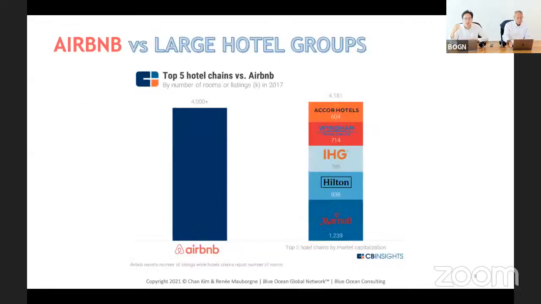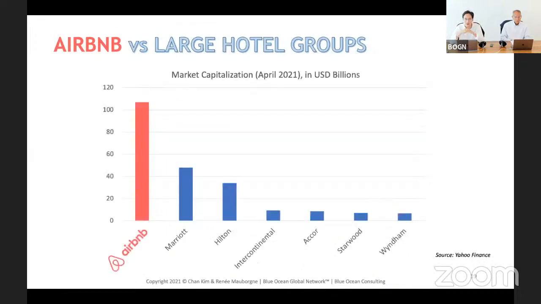You can see Airbnb in 2007 had almost as many, in fact, it's probably more now, almost as many rooms as the top 5 hotel chains in the world, including Marriott, Hilton, Wyndham, and all these hotel groups. So it's grown tremendously in terms of revenue as well and profits, and also the valuation of the company. You can see Airbnb surpasses the top traditional hotel chain, which is Marriott.